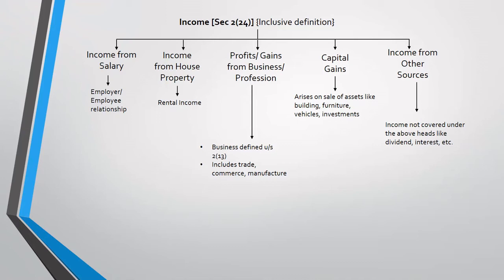Here I have just read out the definition for you. Trade would mean like that of a grocery shop person. He buys goods and sells them at MRP. He is a trader. So you would say, ma'am, doesn't he earn any profits?